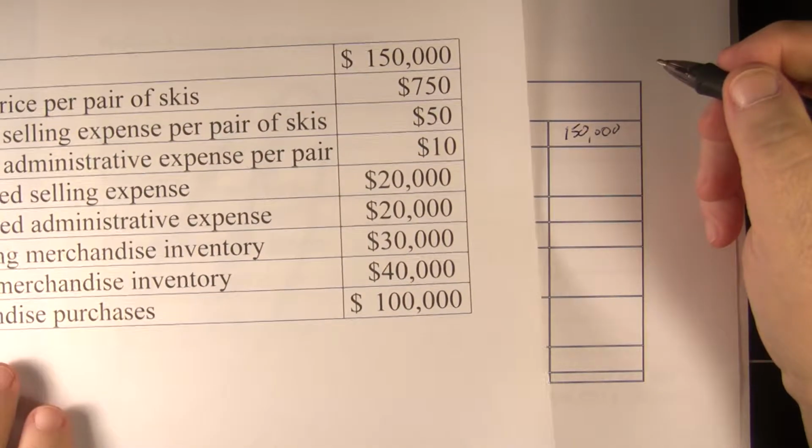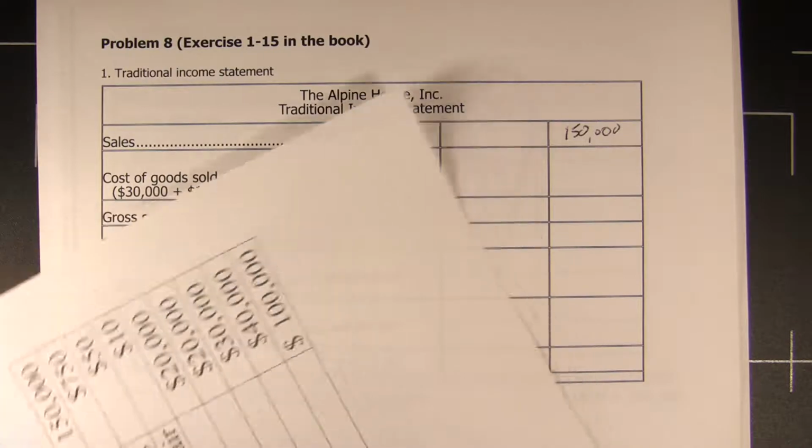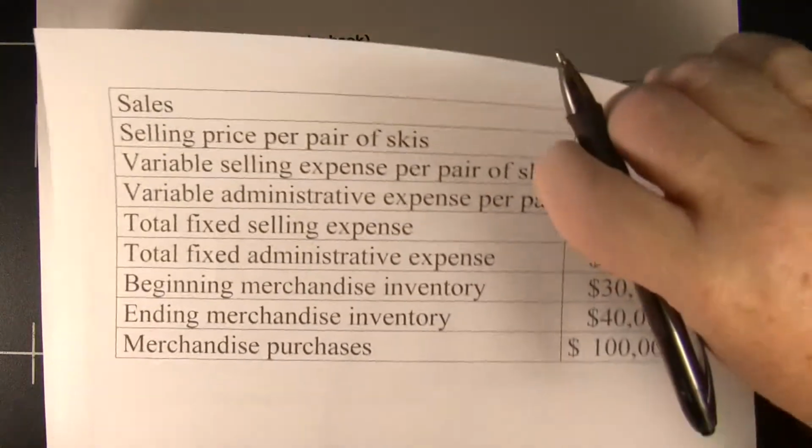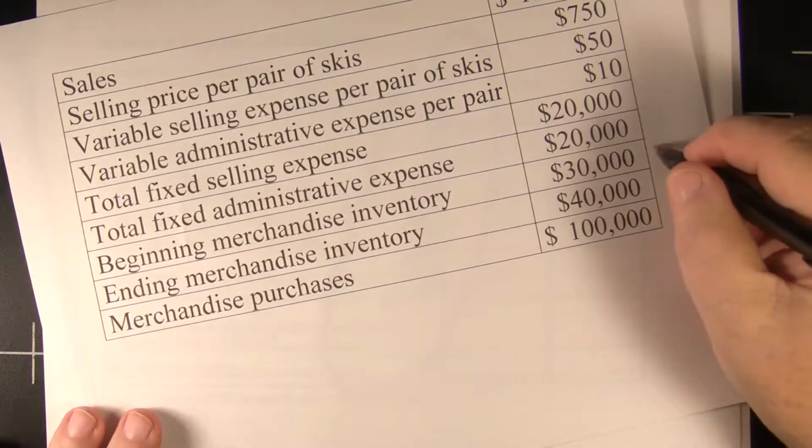And then the cost of goods sold, we have to do a little computation. They tell us our beginning inventory was 30.